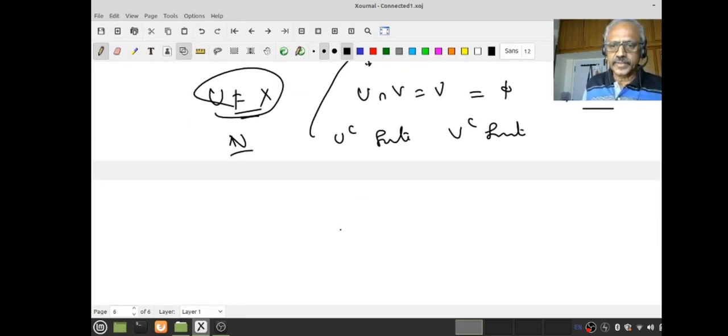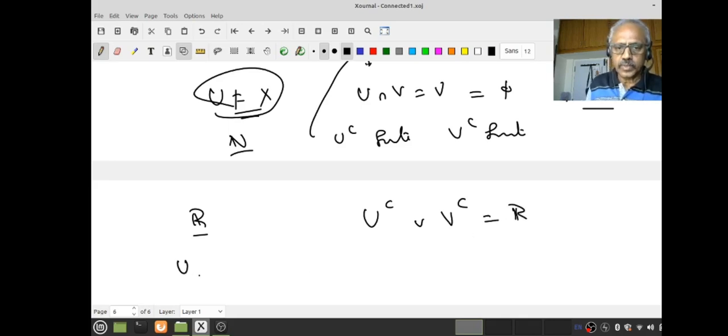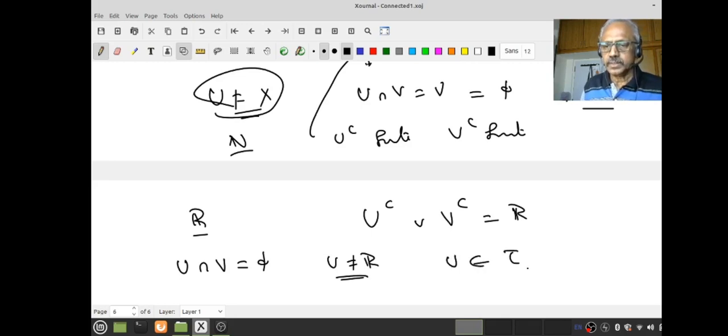In the same way, in the case of R, let's look at U complement union V complement. It will be all of R. Now what do I know? Suppose U intersection V is empty, that means U cannot be equal to R. Since U is open in the co-countable topology, U complement must be countable.